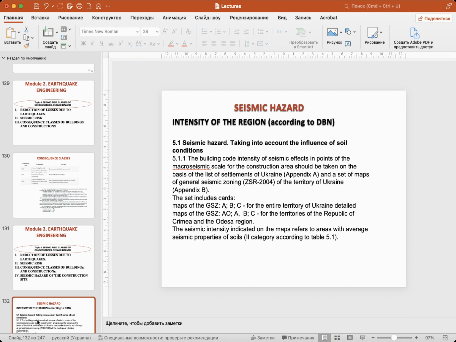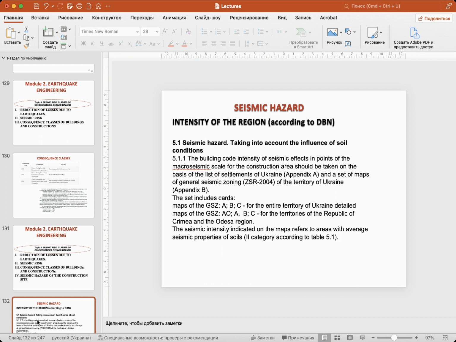And if you erect there a small buffet that sells some products, some food, it will get consequence class CC1.